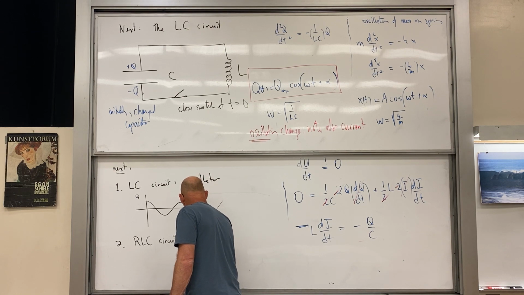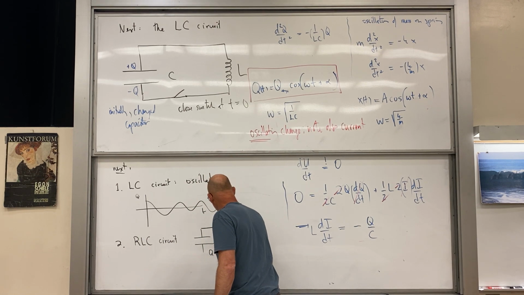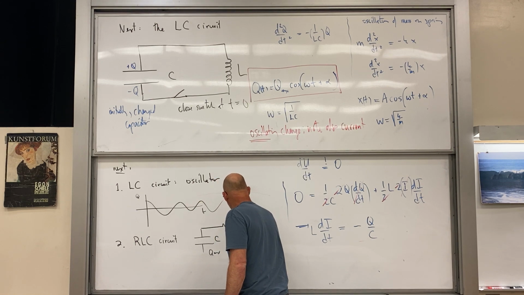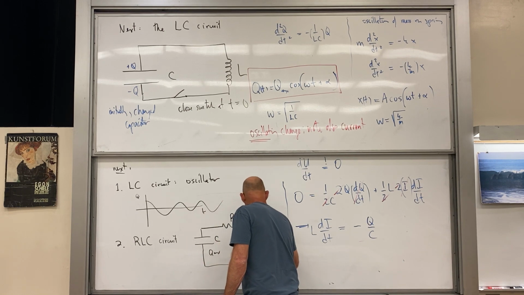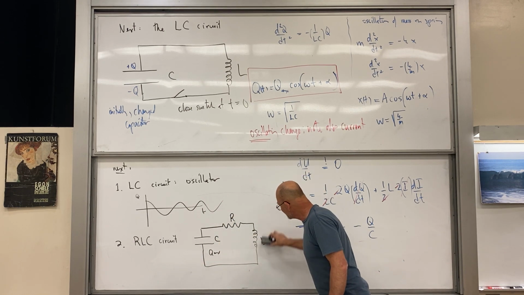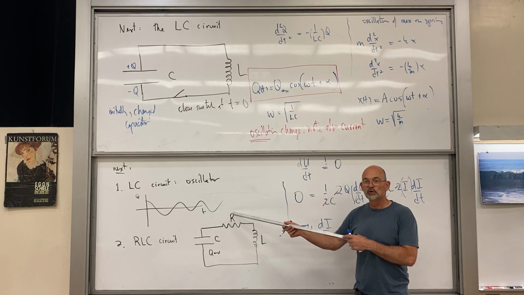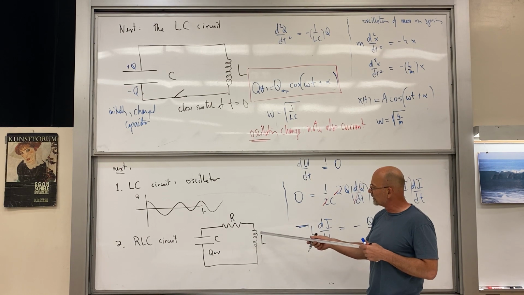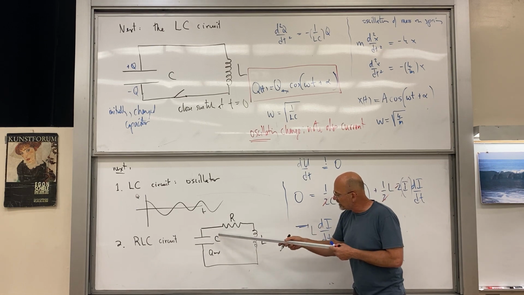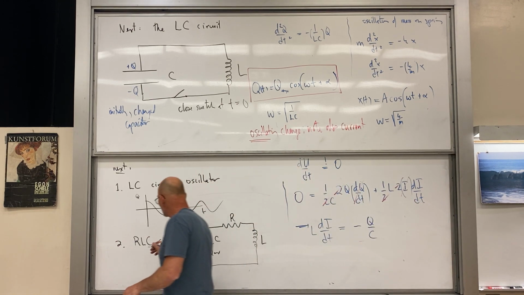We would start with our Q max over here, and we would not just have C and L, we would also have R. The difference here, provided the R is not too great, is that we're also going to get oscillations, but damped oscillations, because the original energy stored here will eventually be all dissipated in the resistor. So what you get is damped oscillations.